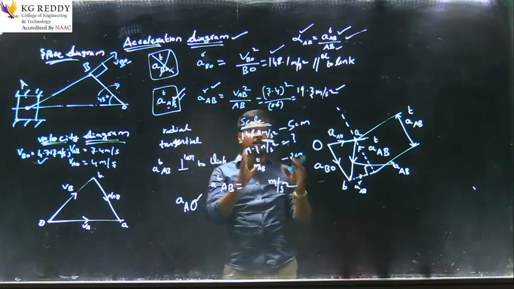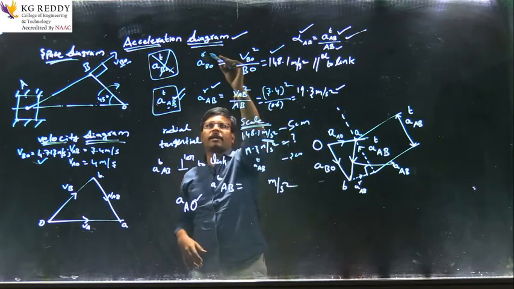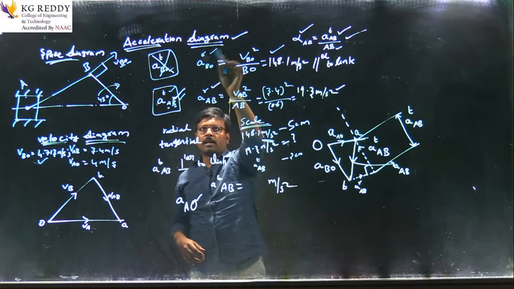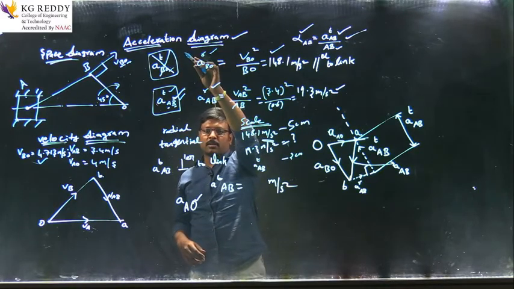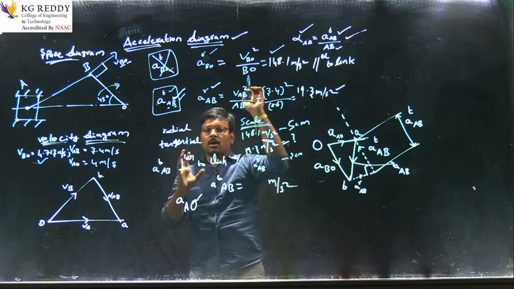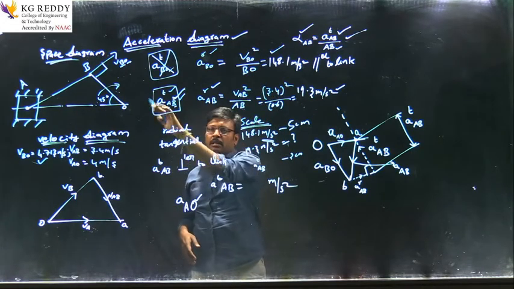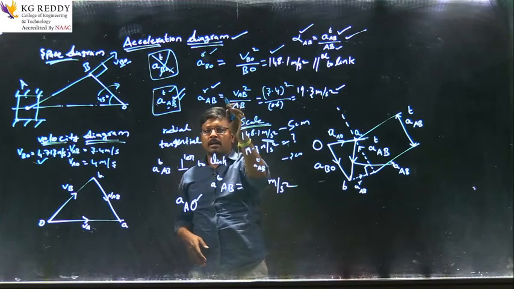The only thing here is that we have to take the radial component and the tangential component. For BO, only the radial component, there is no tangential component, because it is rotating with a constant angular velocity. For the link AB there are two components, tangential and radial.